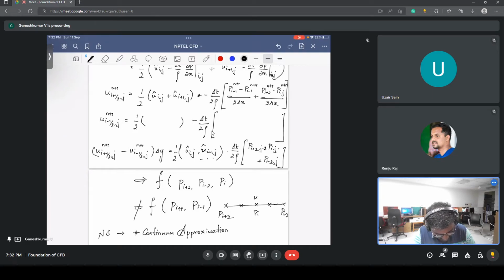So you are finding velocity here using this and this pressure instead of this and this pressure. Because the cell is constructed here and the flux is going in and out here, you need to use these three pressures. But while following our instinct of linear interpolation and substituting it in the continuity equation, we end up getting split, like the pressure field and velocity field are getting split. It is not getting coupled, because the pressure here should drive the velocity, but pressure somewhere else is driving the velocity, which is not desired, right?